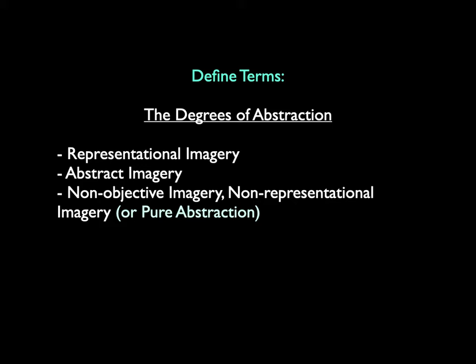Keep in mind these degrees of abstraction are not individual discrete categories, but more represent places along that whole continuum of where imagery can exist, from being very lifelike and representational all the way to being purely abstract.